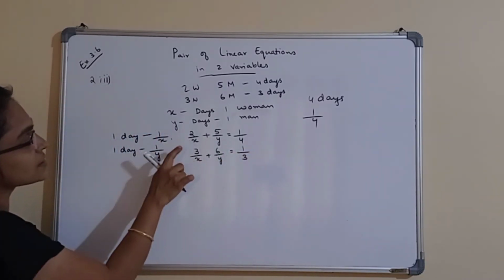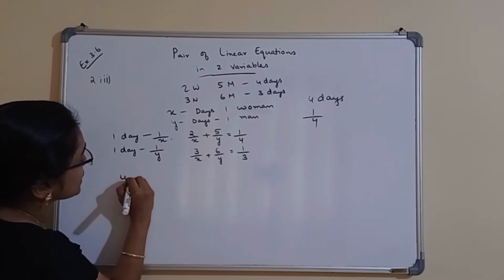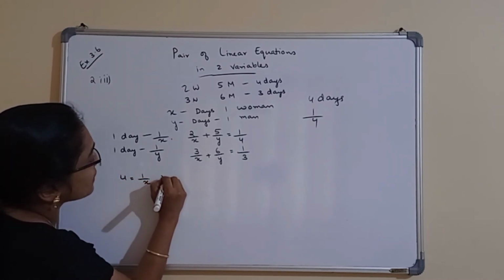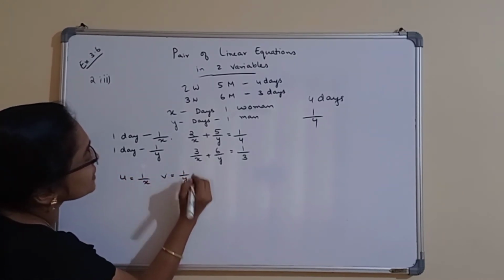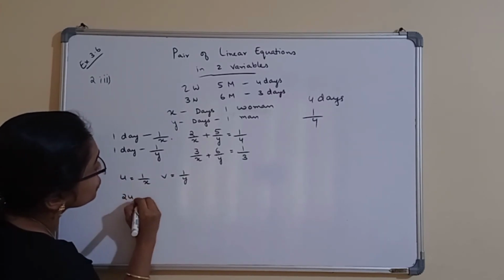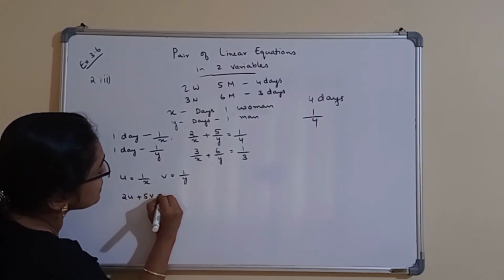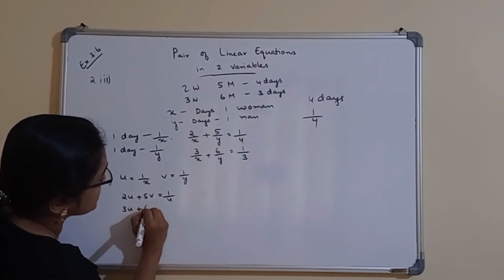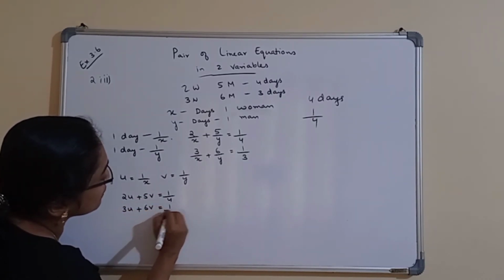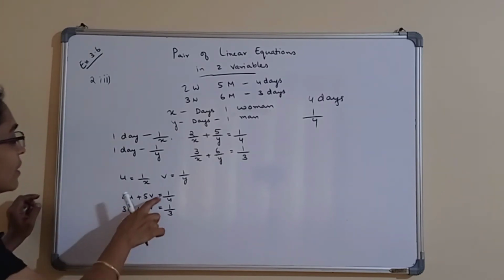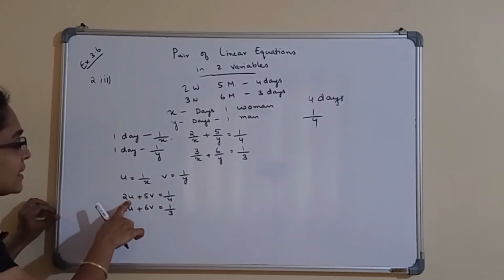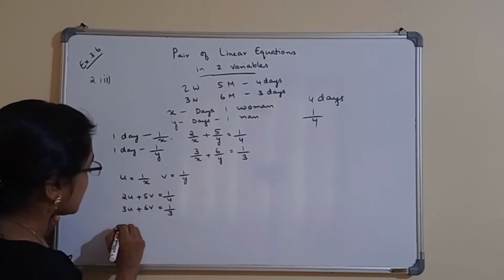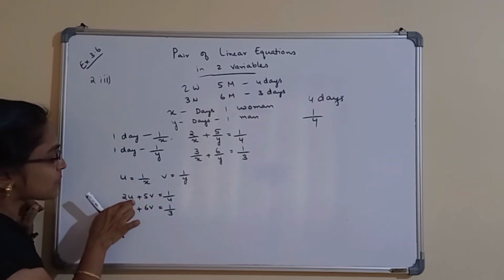Now we can solve this. Take u is equal to 1 by x and v is equal to 1 by y. So we will get 2u plus 5v is equal to 1 by 4 and 3u plus 6v is equal to 1 by 3. Now we can cross multiply this and get the first equation, that is, multiply this by 4.